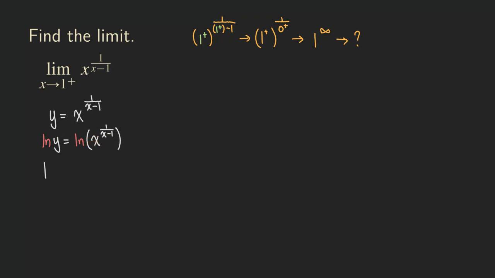So we are getting ln of y is equal to 1 over x minus 1, and then times ln of x. So now that becomes a product. And then, of course, we can rewrite this so that it becomes a quotient. So we are going to get ln of y is equal to ln of x over x minus 1 here.